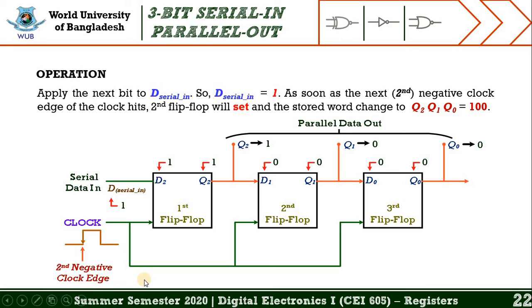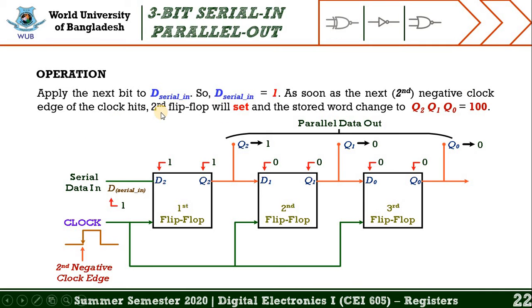This slide represents another condition of the design mechanism of the 3-bit serial in and parallel out. Let's begin. Apply the next bit to the serial in, so the value of the serial in is equal to 1, as soon as the second negative clock edge of the clock is applied.